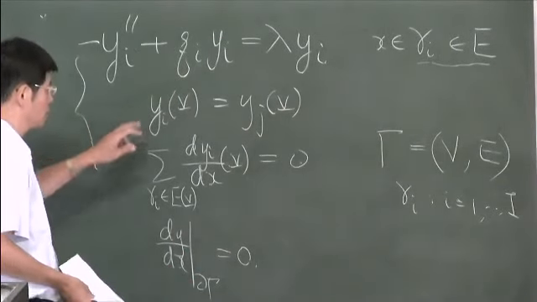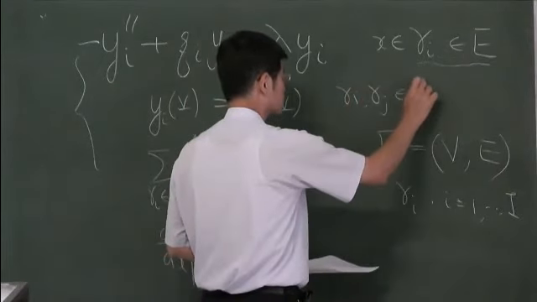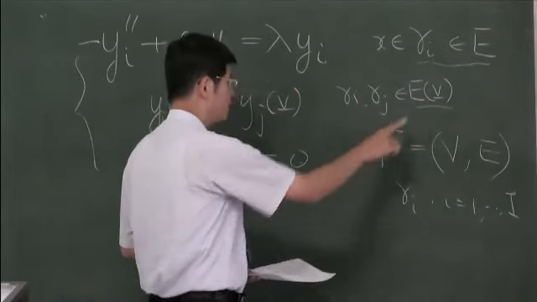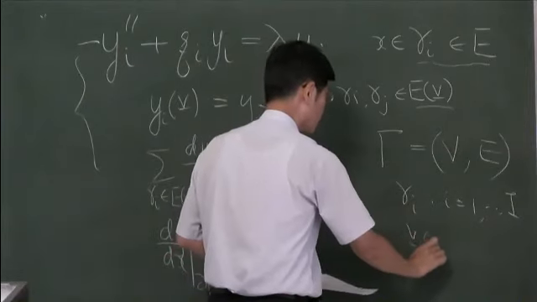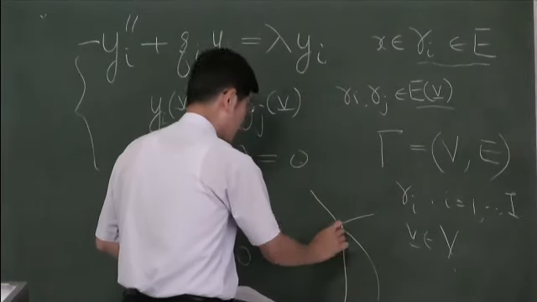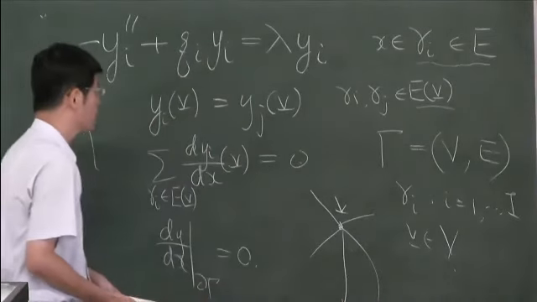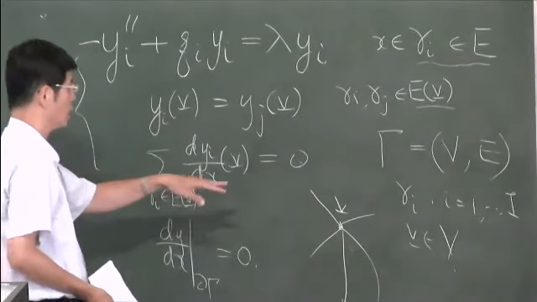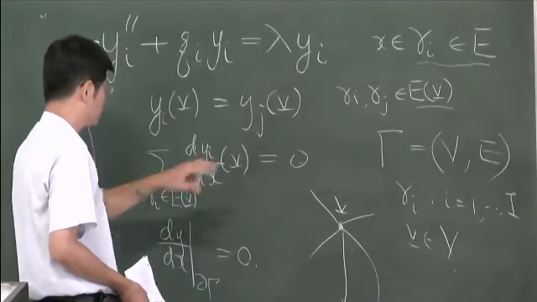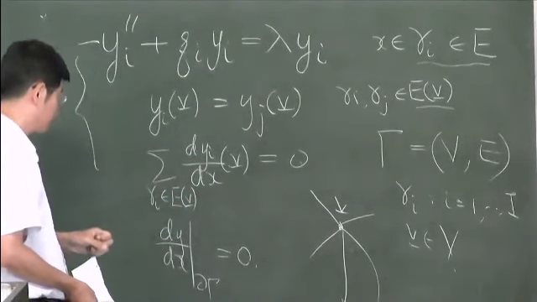So I have the continuity. I call v a vertex in V. So I have a graph, and then this is one of the vertices. Of course, this can be more complicated. So at every common interior vertex, we have the continuity, and we have the so-called Kirchhoff conditions at these vertices.